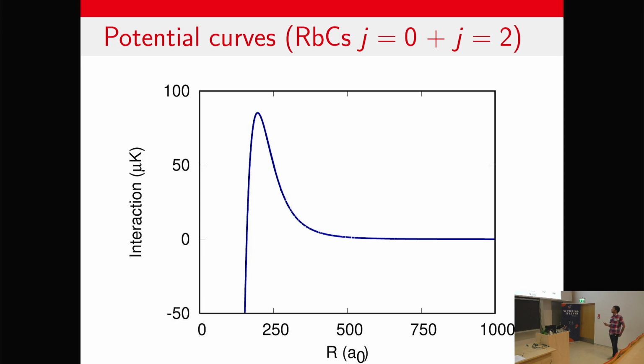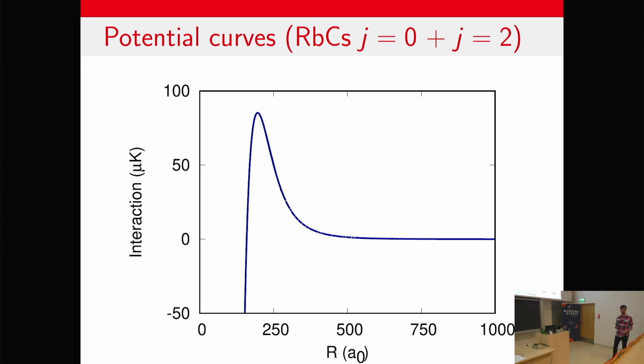Yeah, okay, so to make this a little bit more concrete for a real molecule, this is a potential curve for rubidium cesium molecules in J equals 0 and J equals 2. I'm showing only one curve, so it's not super confusing, but it's from a multi-channel calculation. And you see you do get a repulsive potential. It's not completely repulsive. You get a potential barrier. So what happens is on the outside, this looks like a centrifugal barrier, but it's the S-wave potential.